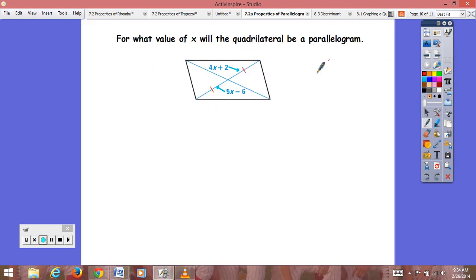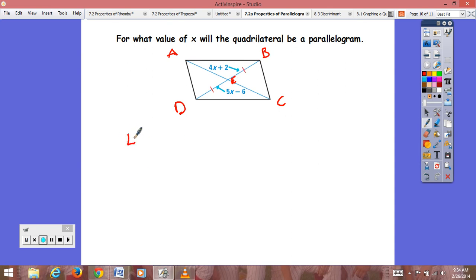Well, one more example. If we want this figure, call it ABCD, to be a parallelogram, then we need to show that these two segments are congruent, because diagonals of parallelograms bisect each other. So if we call this point E, we need DE to be equal to BE.